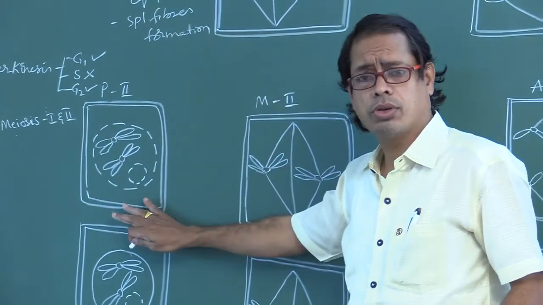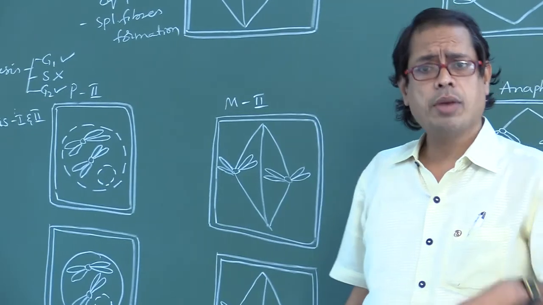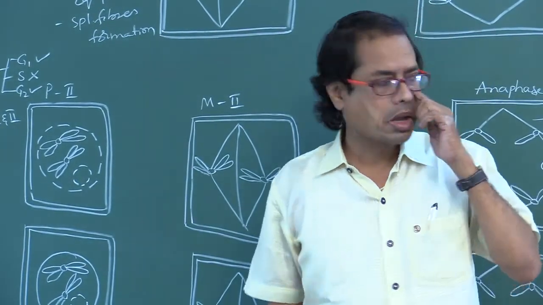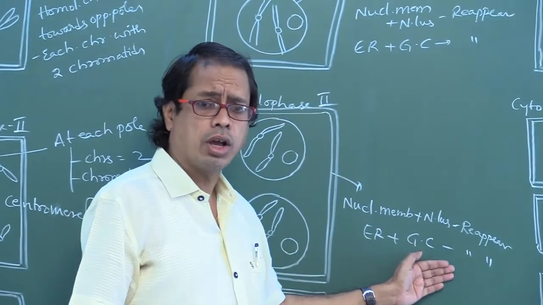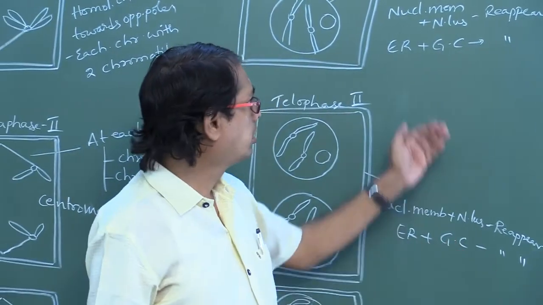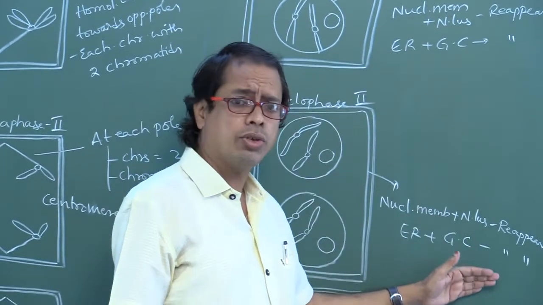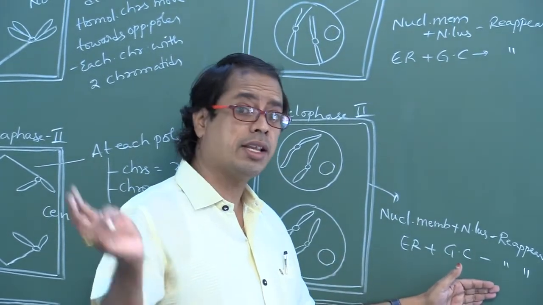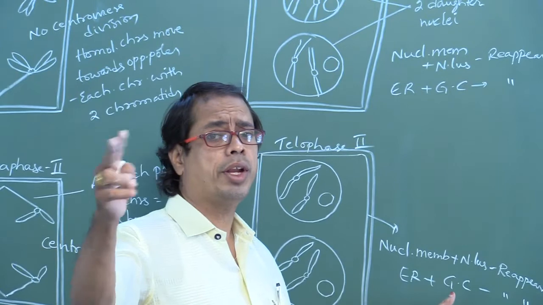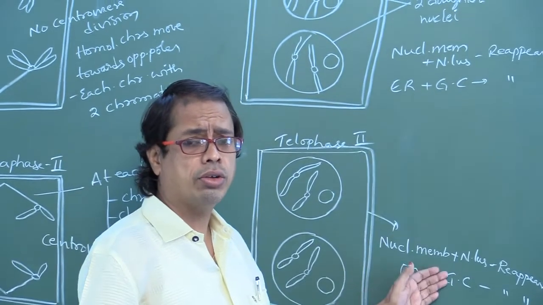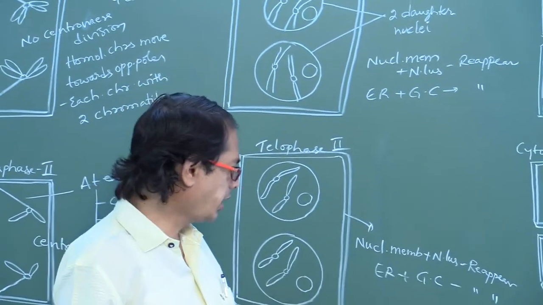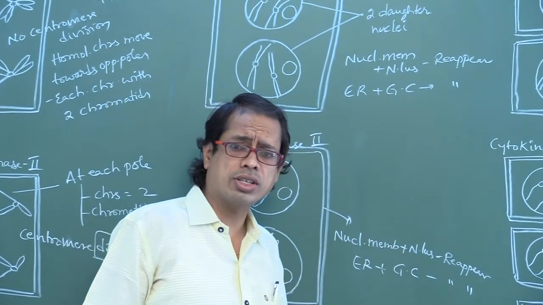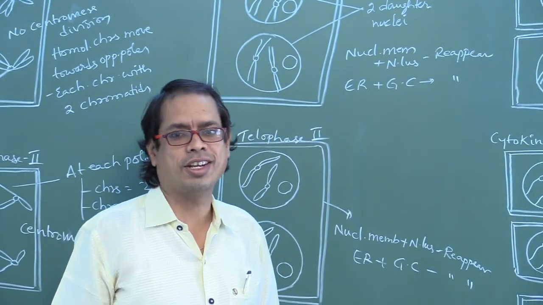In P1 and P2, 2 times. Reappearance also 2 times. Similarly, endoplasmic reticulum and Golgi complex reappear in telophase 1 and telophase 2, 2 times. Reappearance of the nucleolus is called nucleologenesis.